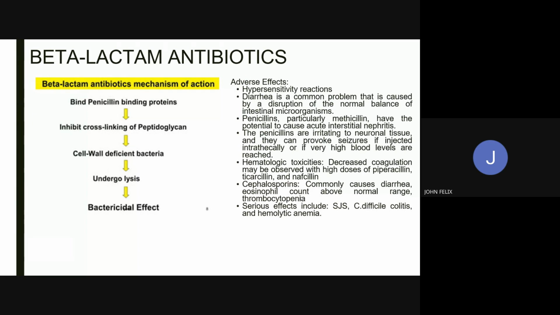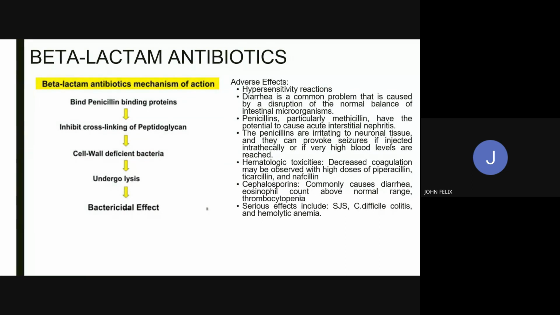Peptidoglycan is what makes a cell wall rigid. When this peptidoglycan cross-linking is inhibited, a cell wall deficient bacterium is formed, which will undergo lysis, and the bactericidal effect occurs.